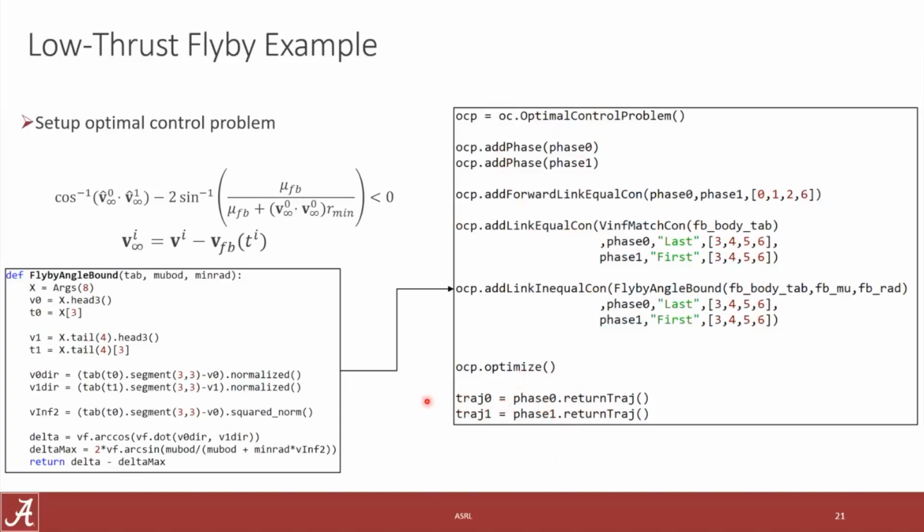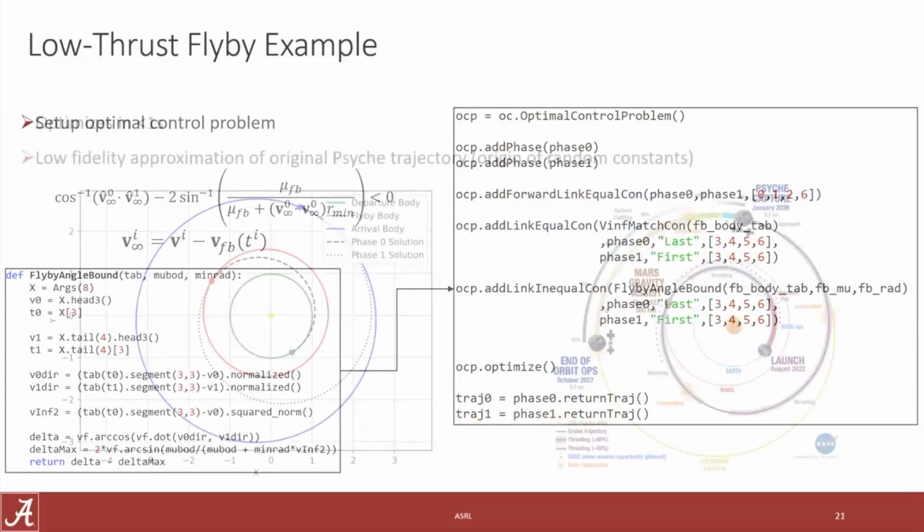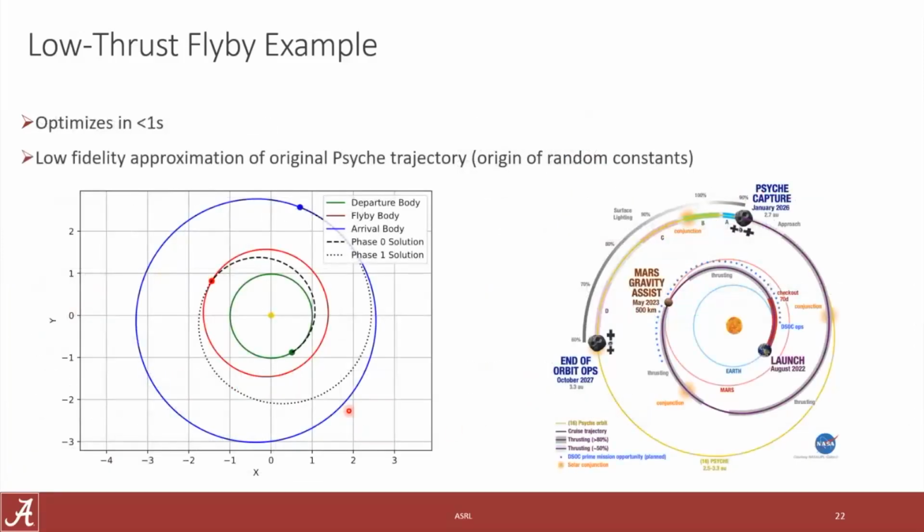So to get my optimized trajectory from departure body to flyby, we just take phase 0 return traj, same thing for phase 1. You could absolutely also do OCP dot phases index 0 and index 1, because that's also going to point to the same object. Yep, and you'd get the same output.